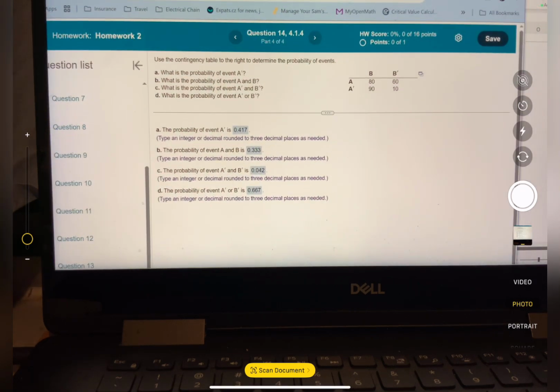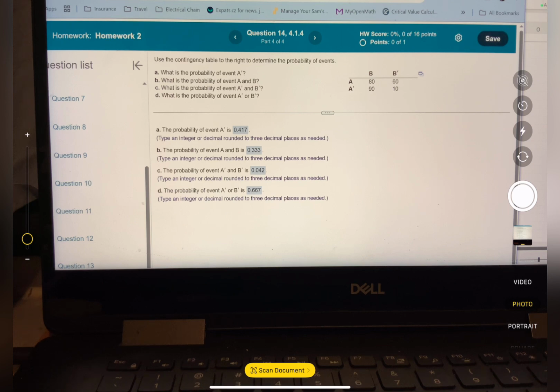There we go. So first thing, we need to find how much is the total of A prime. And here is our A prime, which is going to be 90 plus 10, right?